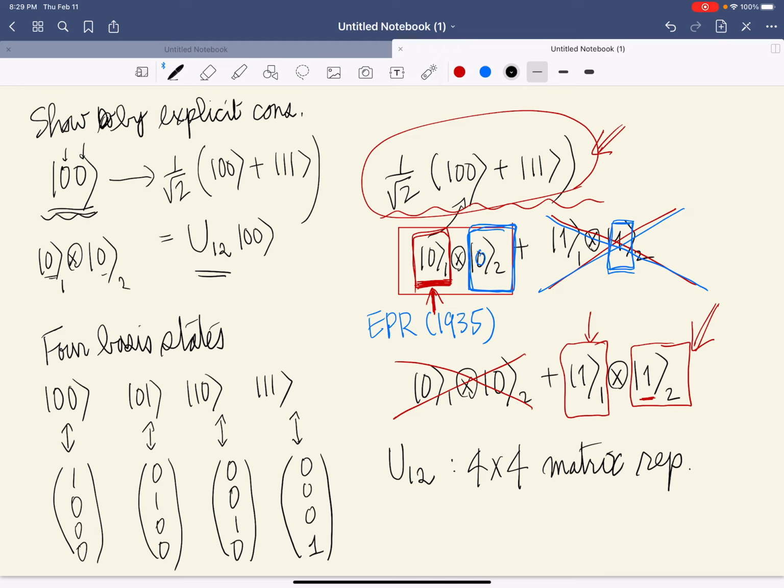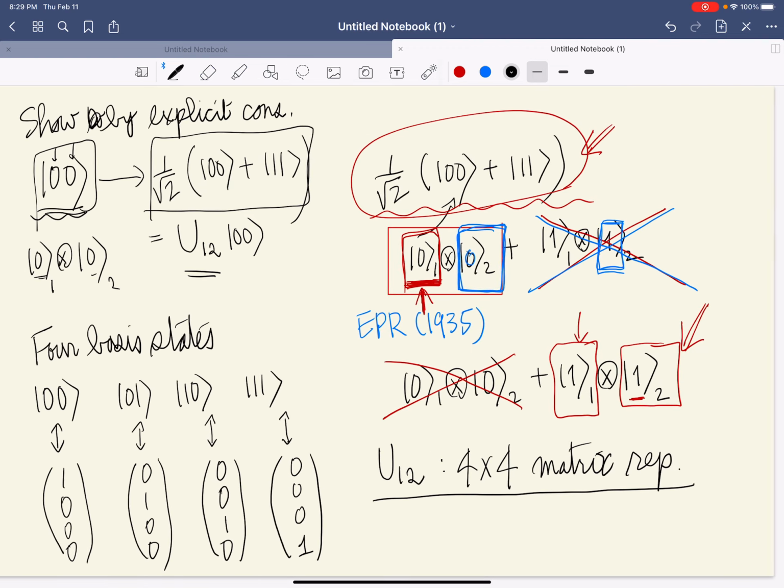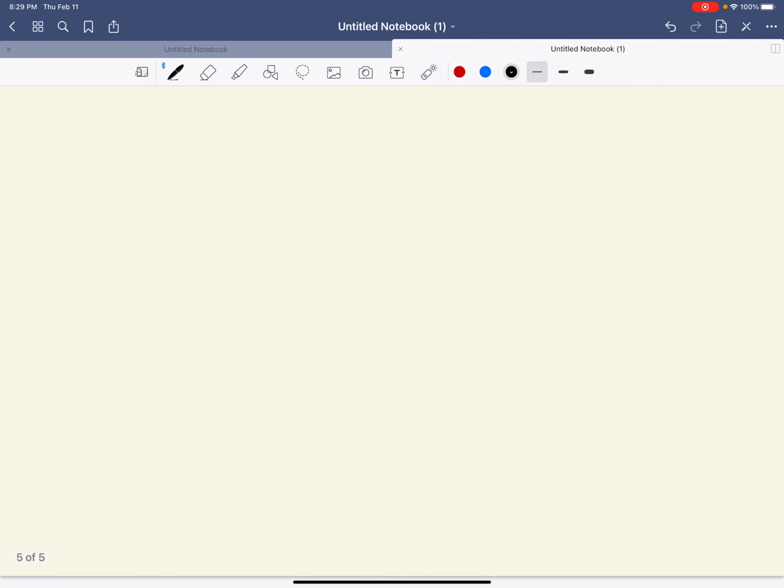So the question is, what exactly does this matrix representation look like that will transform my 0, 0 state into such an entangled state? So I'm going to write down the answer and then verify that that is indeed the answer. So U12, which is a 4x4 unitary matrix, takes on the form like this.